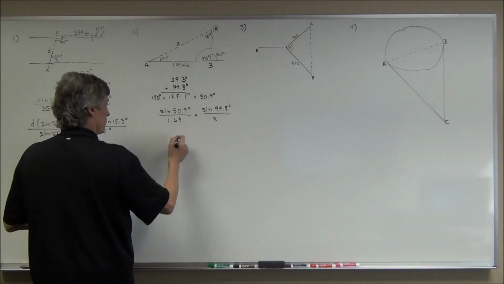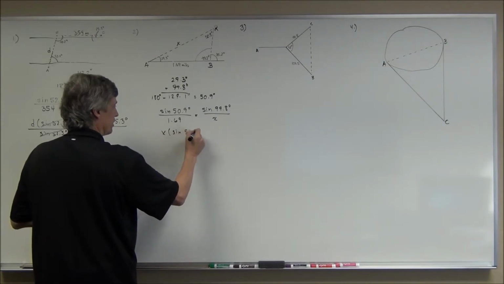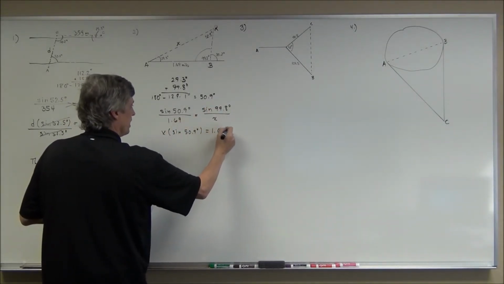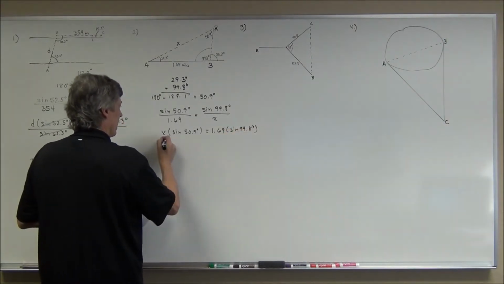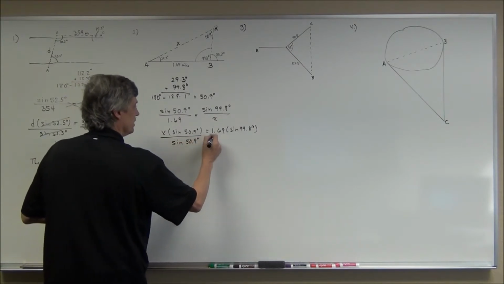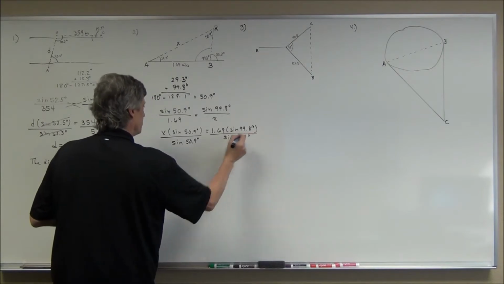So you cross multiply, I get x times the sine of 50.9 degrees is equal to, multiply this way, 1.69 times the sine of 99.8 degrees. And I'm going to divide both sides by the sine of 50.9 degrees. Make sure your calculator's on degrees.